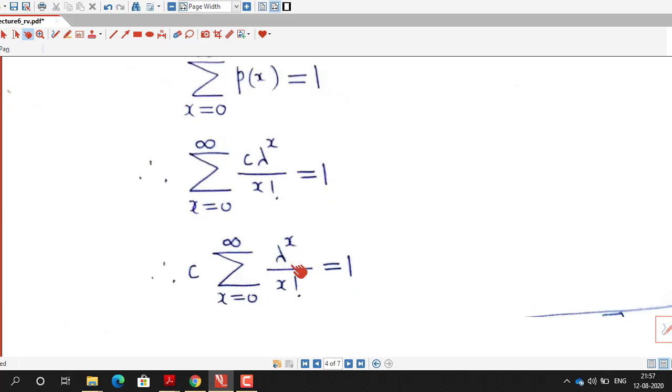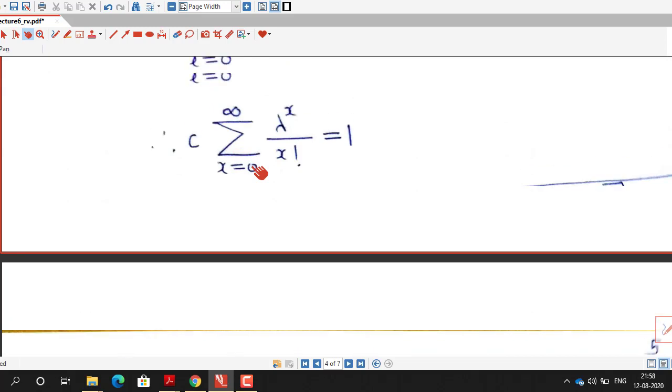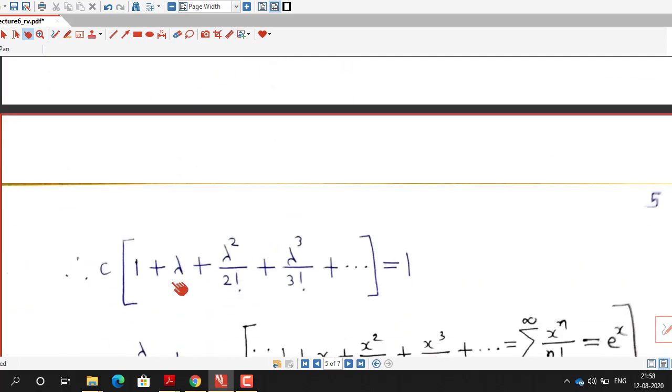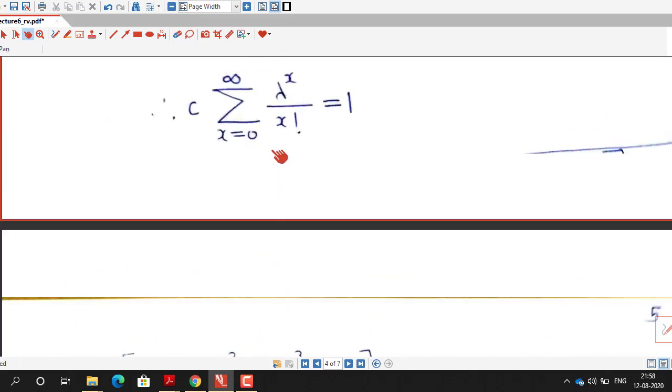Now we expand this by putting x equal to 0, 1, 2. If x equal to 0, it is lambda raised to 0 upon 0 factorial, that is 1. For x equal to 1, it is lambda raised to 1 upon 1 factorial, so it is lambda. For x equal to 2, it is lambda squared upon 2 factorial. For x equal to 3, lambda cubed upon 3 factorial.